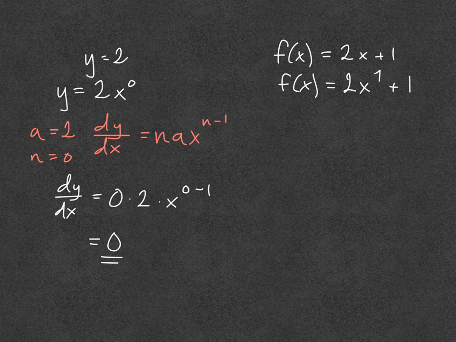Now, for polynomials, we need to make sure that we differentiate one term at a time. So we need to deal with 2x to the power of 1 first, and then 1 afterwards. And now we have a equals 2, and the n is 1 this time, it's not 0.